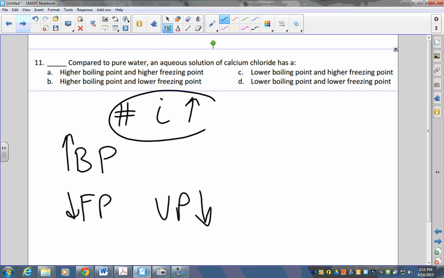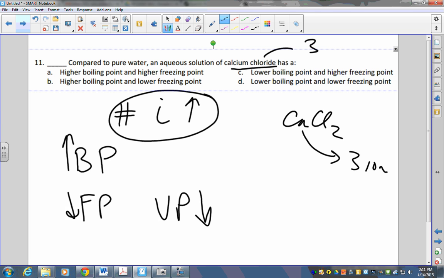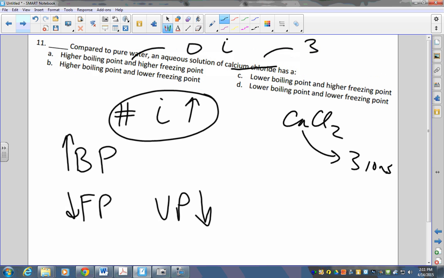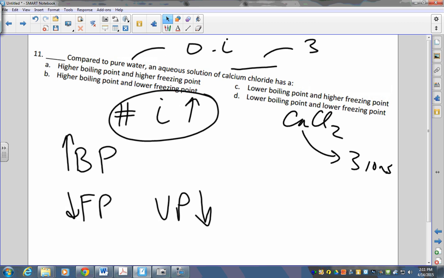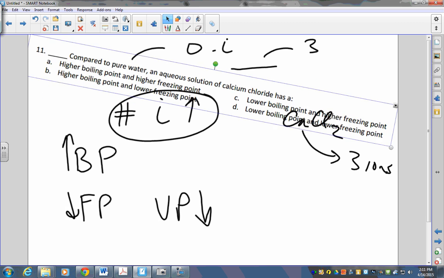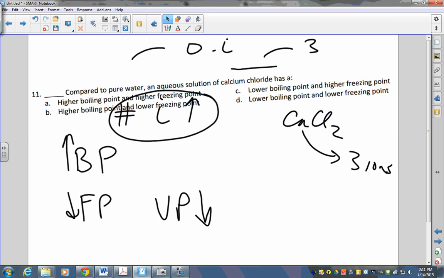So like here, calcium chloride has 3 particles to it. It's CaCl2, so that's going to break into 3 ions, right? Well, pure water has an i value of 0. It always does. There's no particles in there. So ultimately what you do is you check.